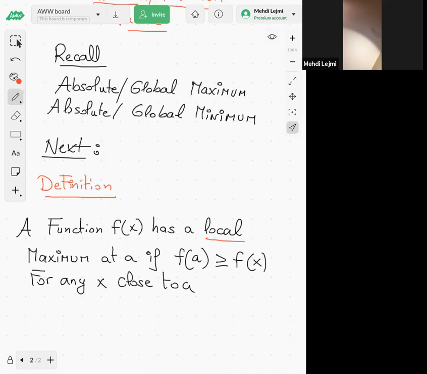Here you have to be careful, guys. I'm using the word local maximum because I'm interested in the values of x which are close to a.